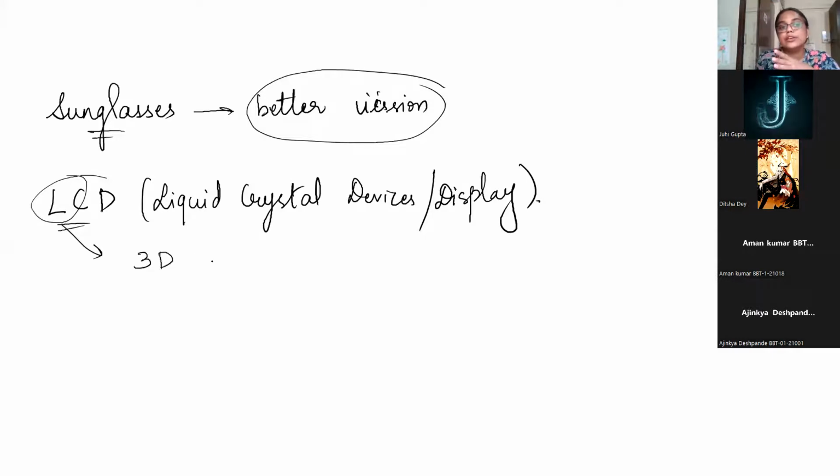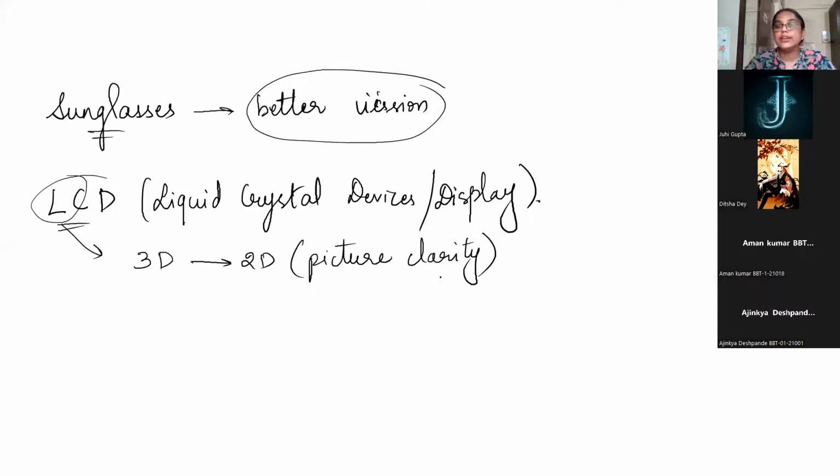So basically they convert 3D into 2D. So that is why the picture clarity has suddenly become very important. The higher the clarity, the higher is the price of that particular device. So this 3D is converted into 2D, and hence you can see a better high resolution, high definition, or whatever it is. So that is the application there.